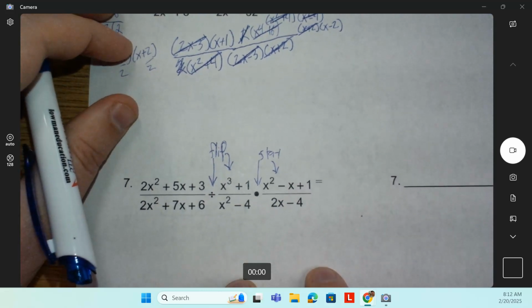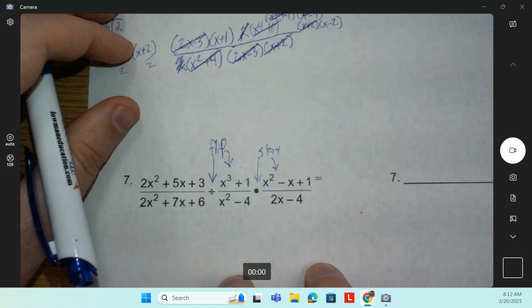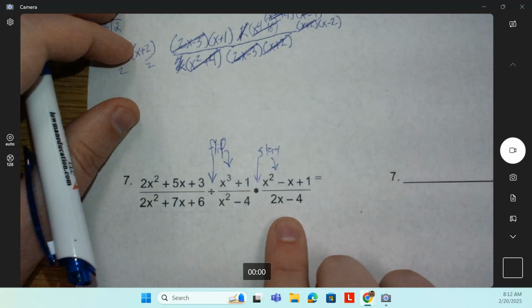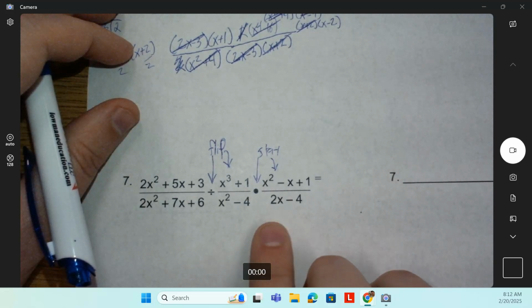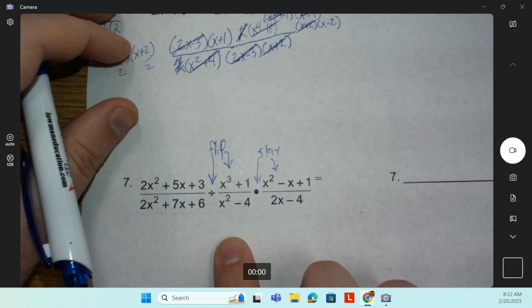So as we go through, I'll do my best to keep that organized into all of my different sections. So what I'm going to do is, instead of going through all of this, I'm going to pause the video and get this factored out for you. And then we'll look at the canceling.